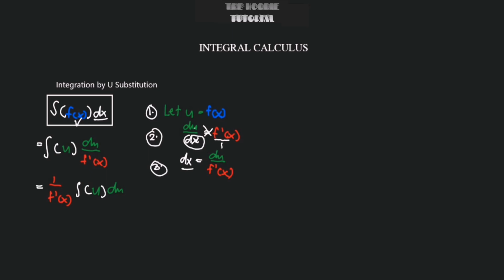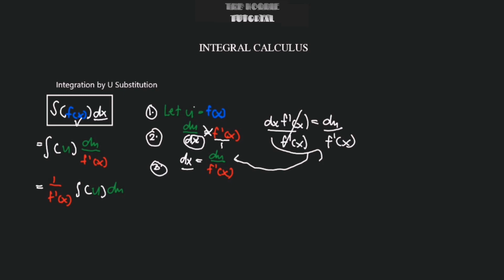That would become dx multiplied by f prime of x equal to du times 1, that would be du. Since we are trying to find dx, we just need to divide both sides by f prime of x, canceling this one. That's the reason why we have here the value of dx in the third step.